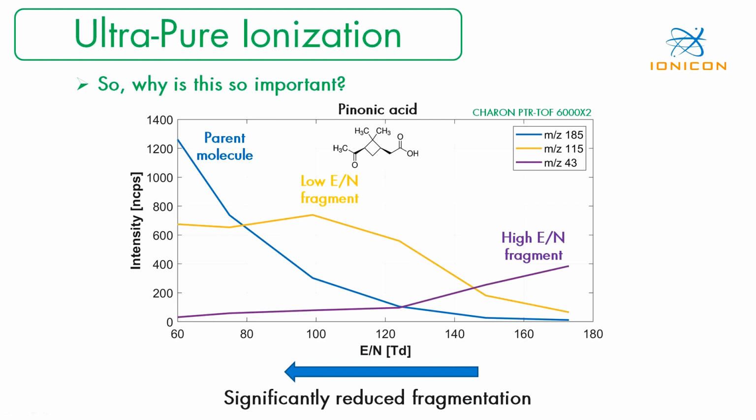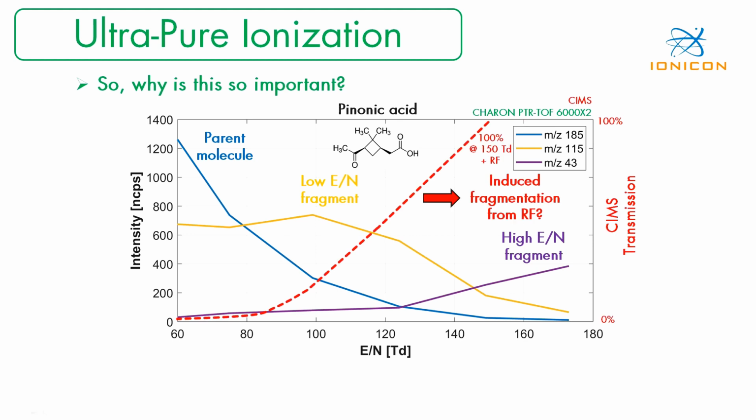Such compounds with multifunctional groups easily fragment, and therefore a reduced E/N significantly reduces fragmentation. As an example, I have plotted the E/N dependencies for the protonated parent molecule plus a low E/N fragment and a high E/N fragment. As we can see, we have to reduce the electric fields down to 60,000 to measure a dominant parent molecule peak.